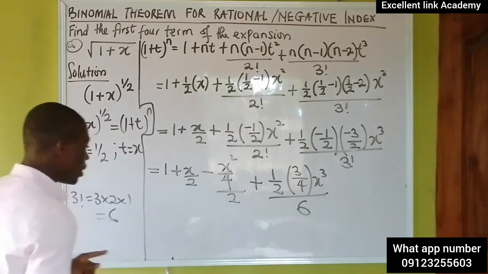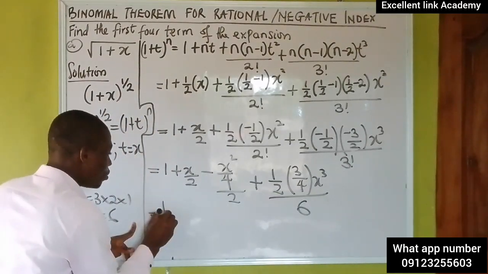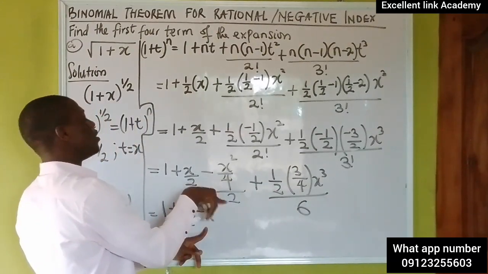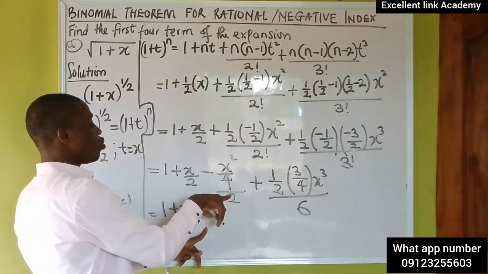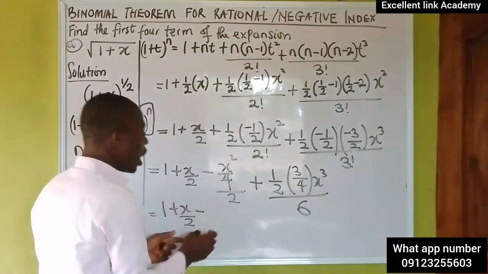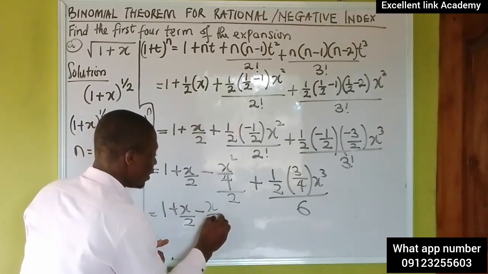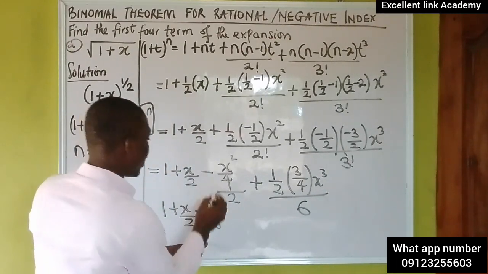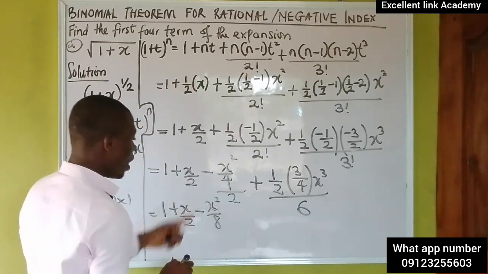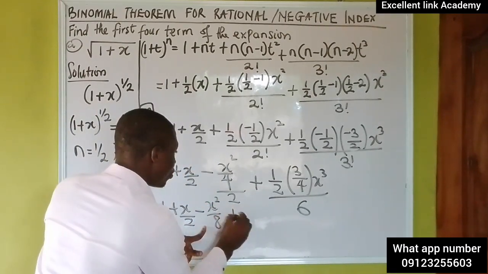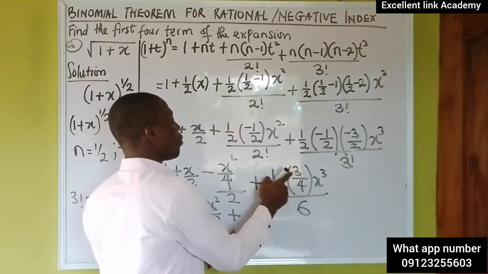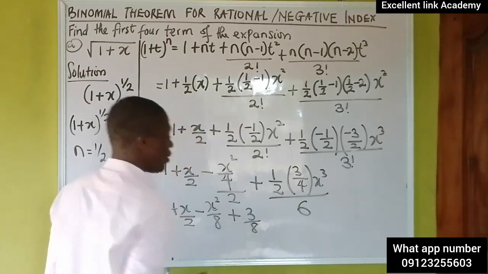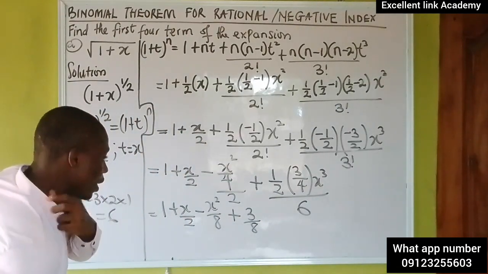So next up, if I proceed, I will have 1 plus x over 2 minus, if I express this in fractional form, I will apply the law of reciprocal, I will be having x squared over 8. 4 times 2 is 8. Plus 1 times 3 becomes 3. 2 times 4 becomes 8.